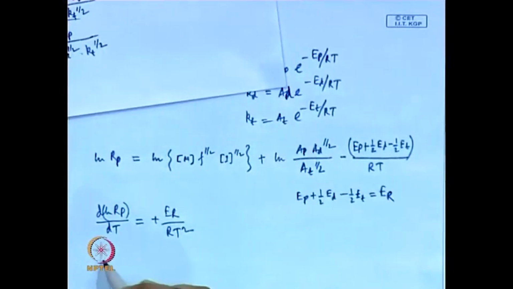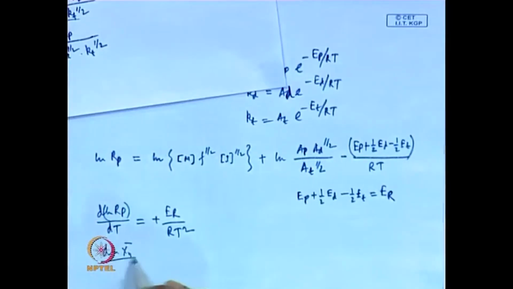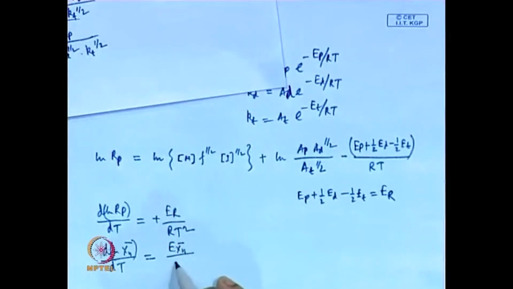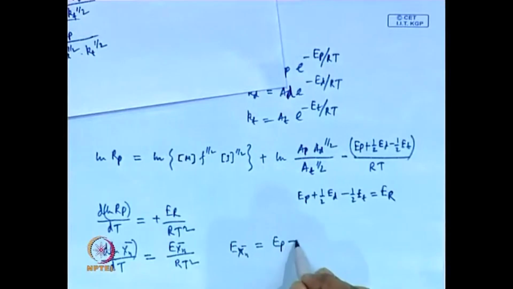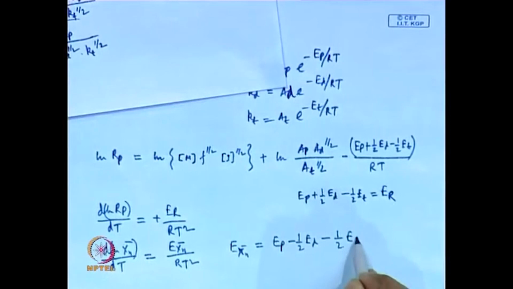So, d ln Xn, which gives you the rate of change of number average degrees of polymerization, is similarly Exn by RT square, where Exn is Ep minus half Ed minus half Et.